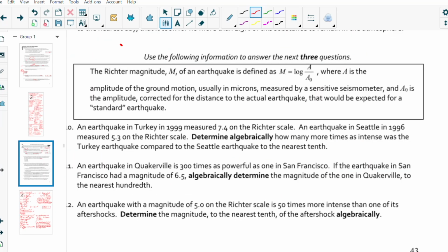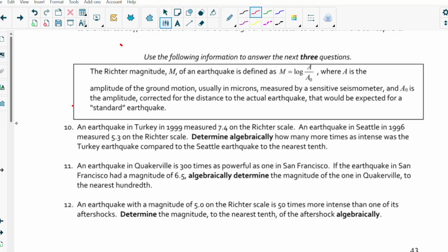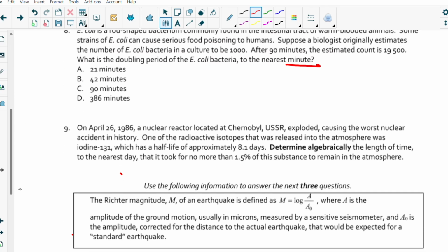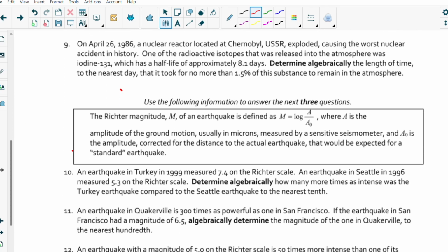Number 9. On April 26, 1986, a nuclear reactor located at Chernobyl, USSR, that's the Soviet Union, before Russia, exploded, causing the worst nuclear accident in history.